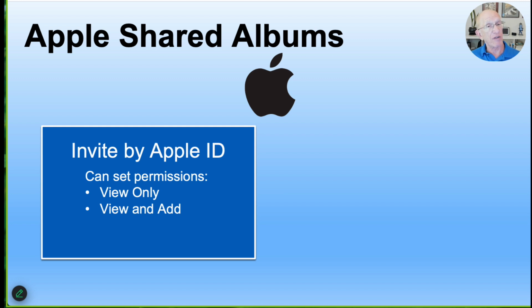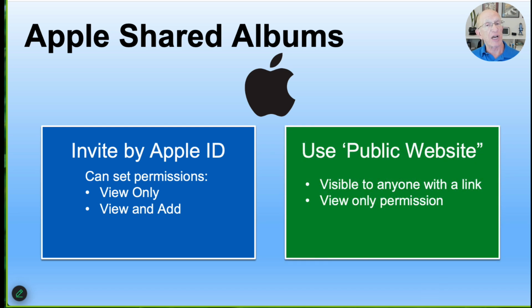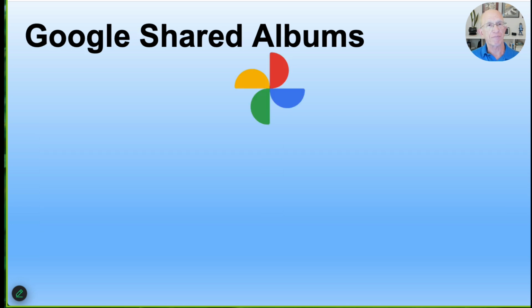If somebody doesn't have an Apple ID and you want to invite them to look at the album, the other option that Apple gives you is to use what's called a public website, which means you create a web link from the album and you give it to anyone that you want to have see the album. The problem is it's a public website. It does give anybody that has access to the link the ability to view those photos. So it doesn't really have a privacy feature if you use that. So Apple ID is the way you can really control it with Apple shared photo albums.